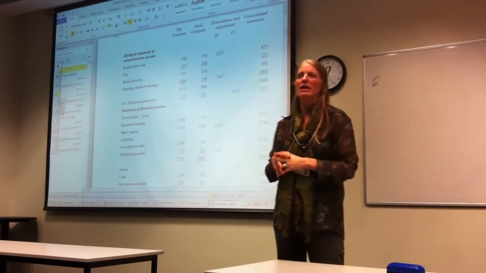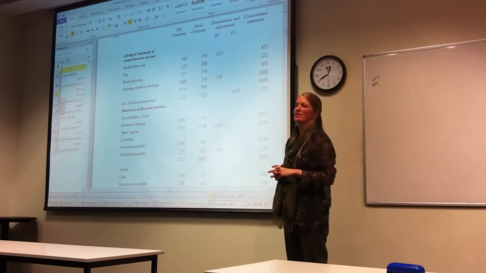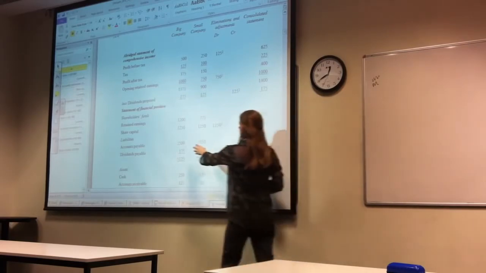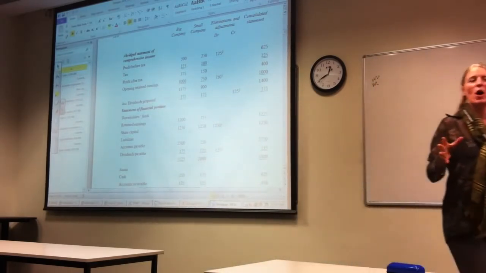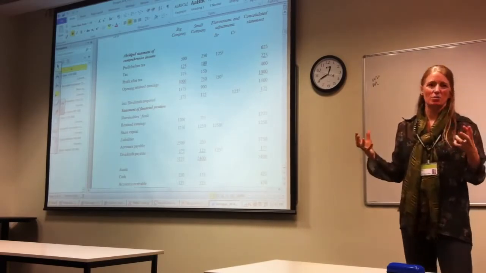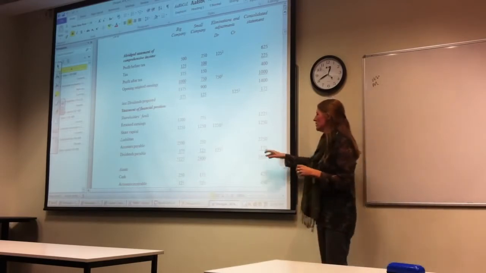Because it's only one company, so we can't split that into two companies anymore. Exactly. We're treating these two companies as though they're one company. So therefore, we have to eliminate any transactions which take place between those two companies. Okay? Because you can't transact with yourself. So basically, we end up with the 175.